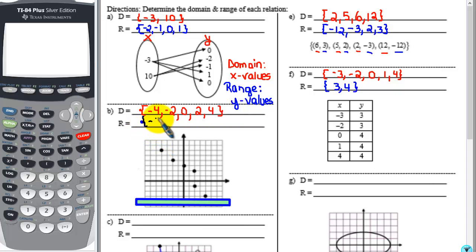-3. Then if I move this line up, my next point will be -1. Followed by 2.